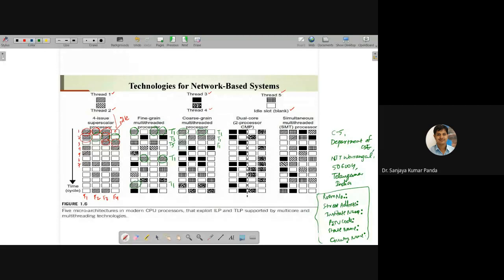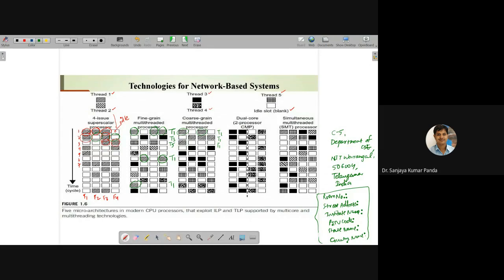But when you go for round robin, just like fine grain, you will give one clock cycle, then move from one thread to another thread. You go for another clock cycle for the next thread, then move to the next.